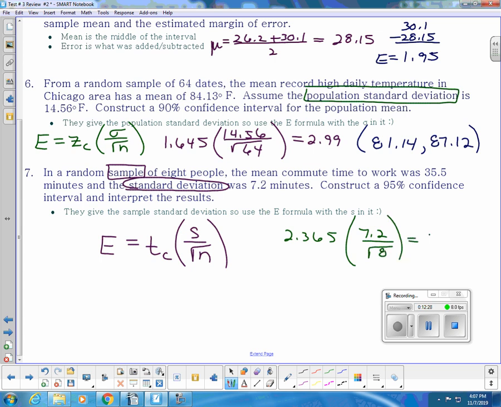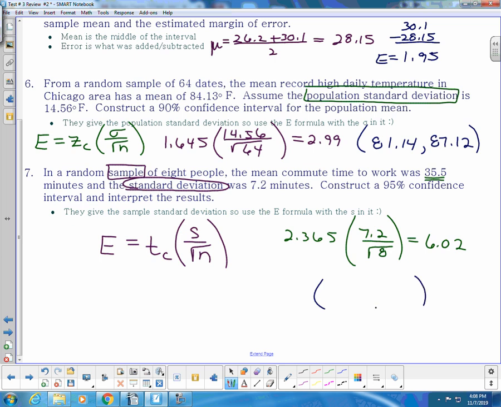So you get 6.02. So I'm really just going to add 6, rounded to the tenth because, again, that number was rounded to the tenth. So our interval is going to be 35.5 plus 6 puts me at 41.5, and 35.5 minus 6 gives me 29.5.